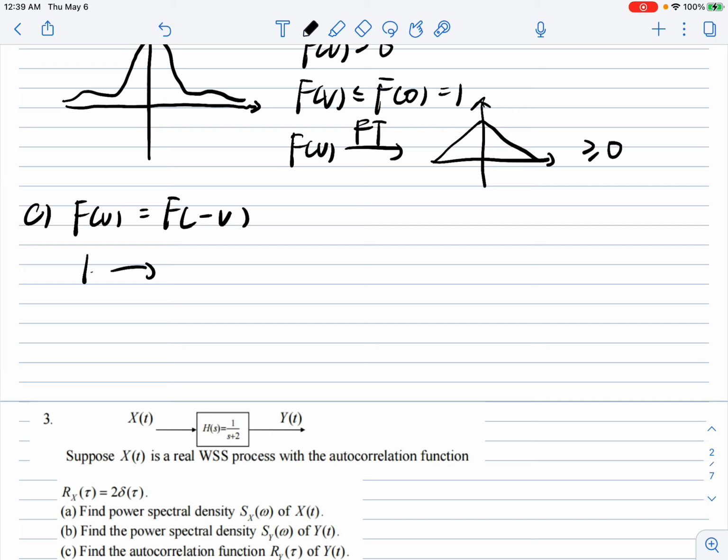And the Fourier transform of 1 is, and 0 is 0.